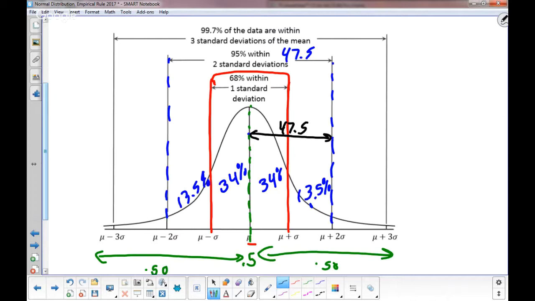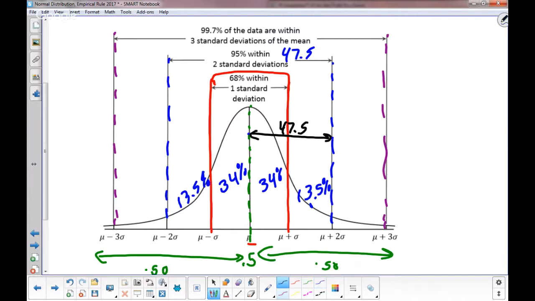Now let's look at the top one, 99.7. So it's almost 100% of the data. There's just a little bit on the outside, but between the top side, we have 99.7% of the data. So we're talking between here and here. Now let's think about it.